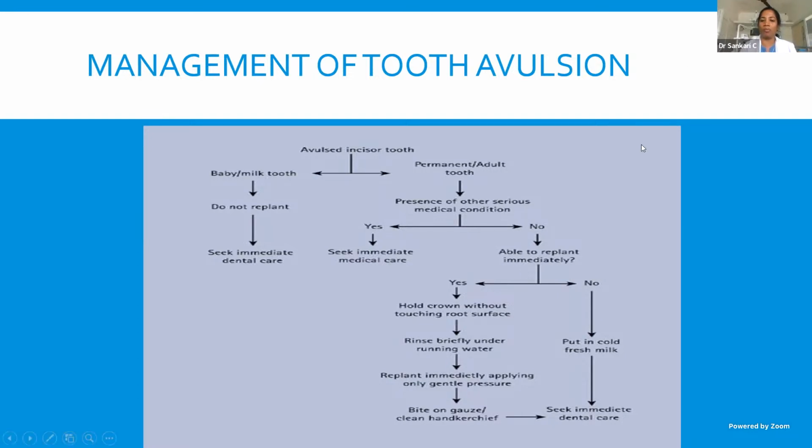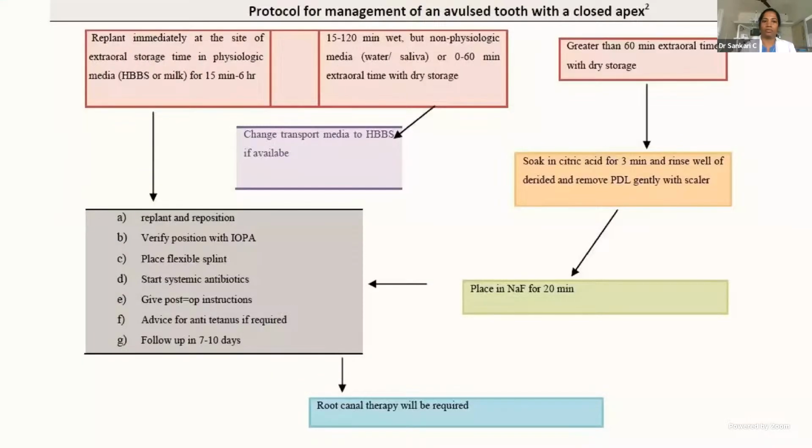If you are not able to replant immediately, put it in cold milk or in the patient's own saliva and seek dental care. These are the protocol management of an avulsed tooth with closed apex. These are the various storage media according to the extraoral time.